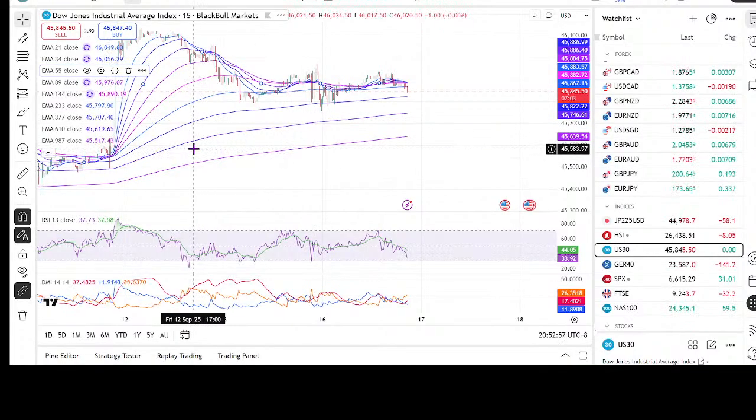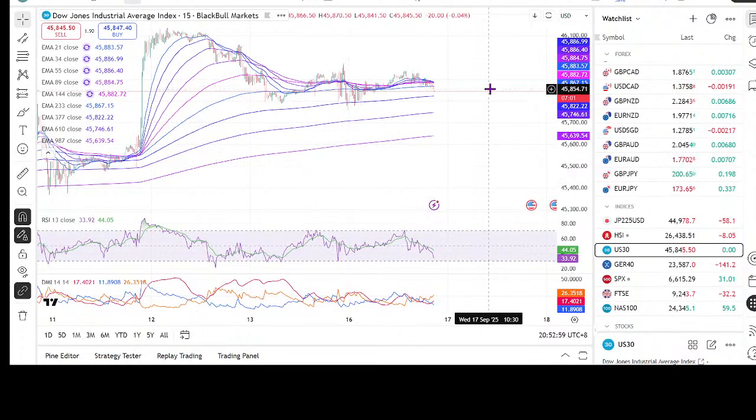So if this is the scenario, we can go for a sell on the Dow and put a stop above 46.